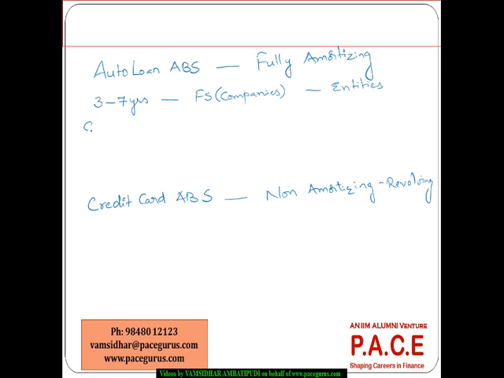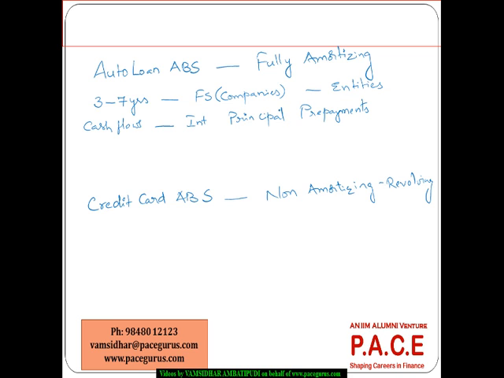And if you look at the cash flows in case of an automobile loan, there is regular interest, and there are principal payments because it works like a fully amortizing structure, and because of that there is a possibility of prepayments also happening.